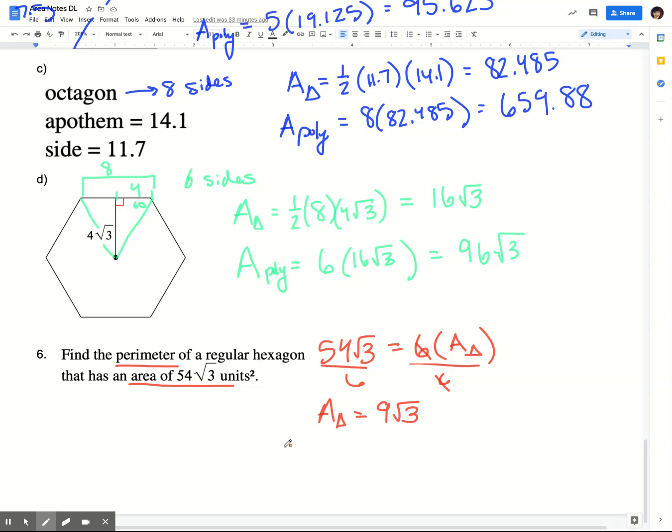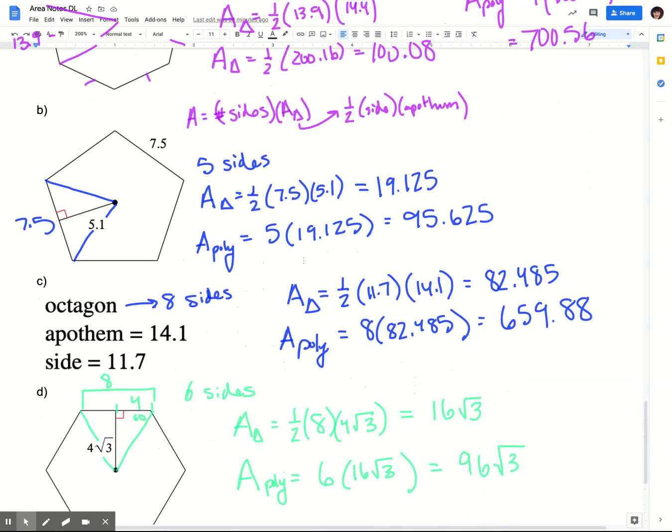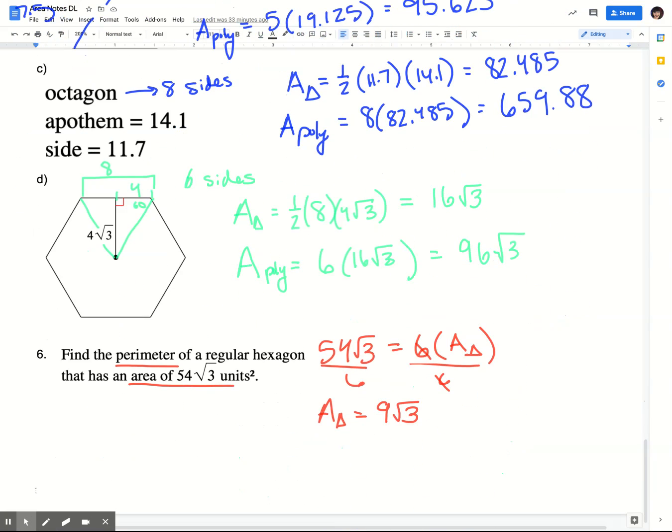Then I'm going to plug that into this equation, because the goal here is to find the side length, so that you can use that to find the perimeter.